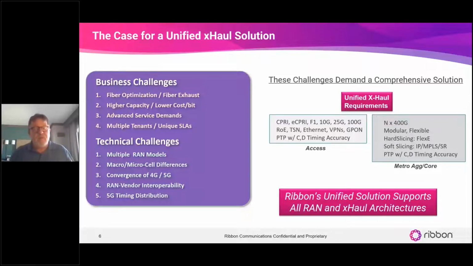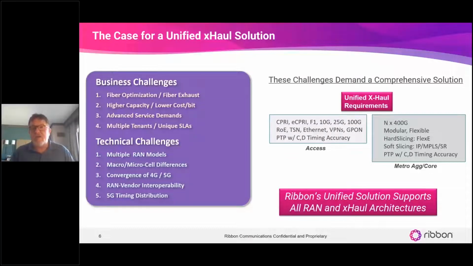And then finally, one big challenge that is being addressed is timing distribution. It's absolutely critical, when you are providing those advanced services and the latency and delay intolerant services, that the network is synced appropriately so that you don't get log jams, backups, congestion, and out of sync data delivery.